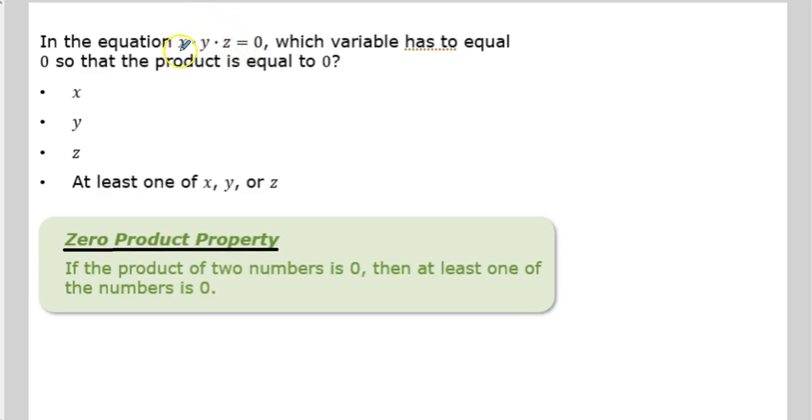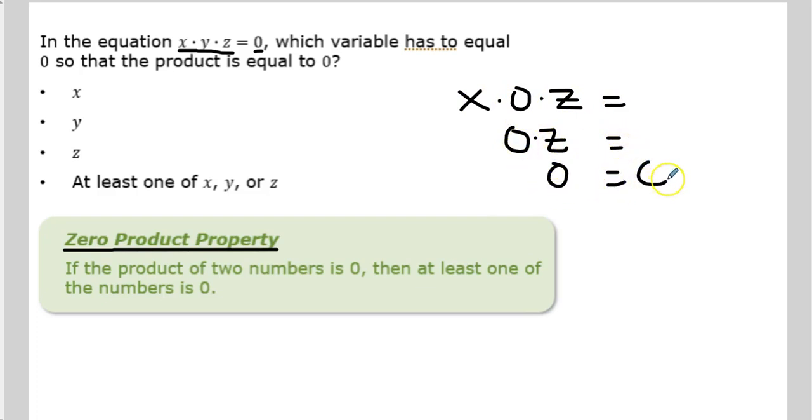So for instance, if I have x times y times z equal to 0, either x, y, or z has to be 0. Doesn't matter which one. So if I had x times 0 times z, x times 0 is just 0, and 0 times z is just 0. In general, anything times 0 is 0.